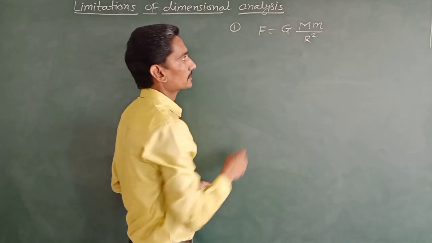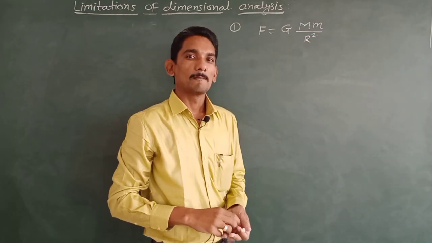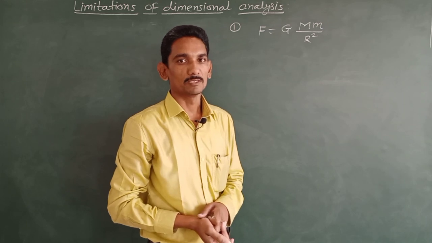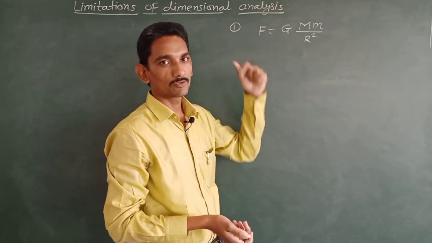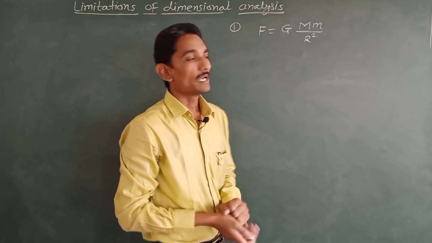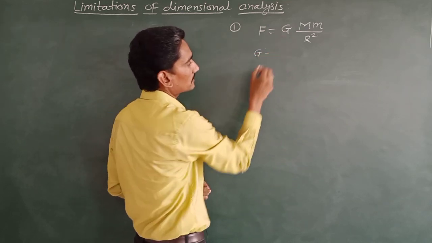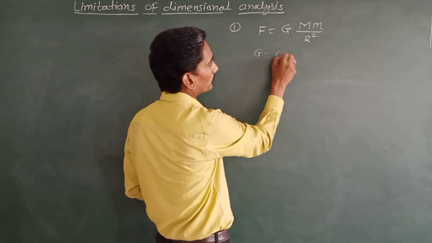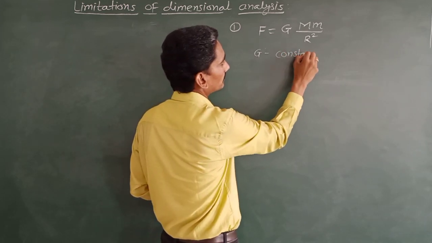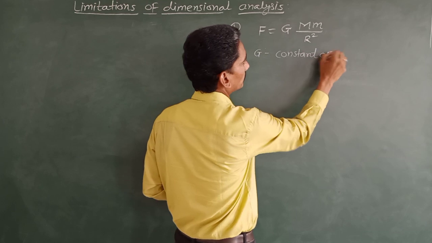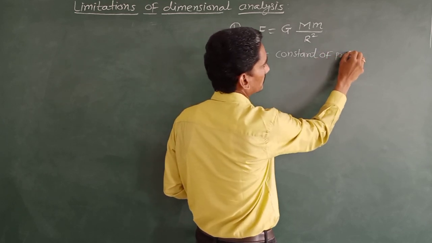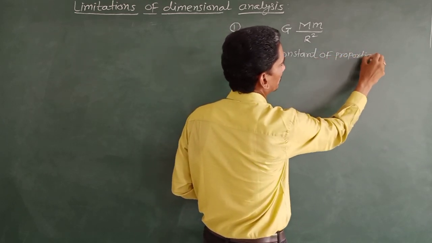We know that this is the very famous relation given by Newton, according to Newton's law of gravitation. And in this equation, capital G is the constant of proportionality.